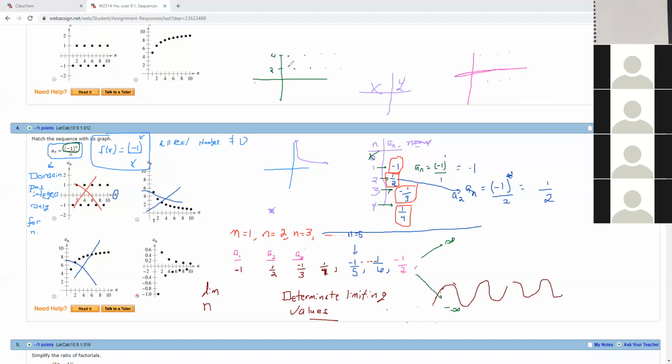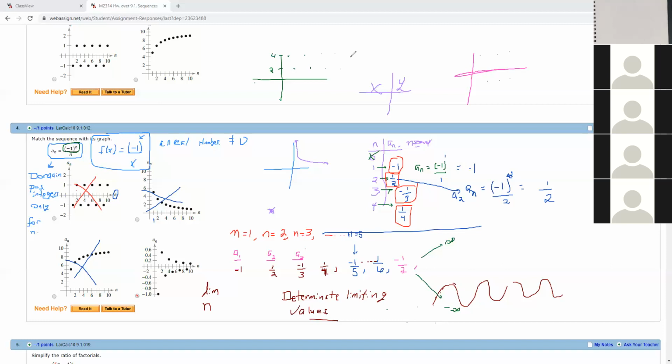And the same with this kind. This is alternating, but they're just alternating between 2 and 4, 2 and 4 forever. So this is also not going to be converging or have a determinate limiting value. So this would be the type where you would say not indeterminate.